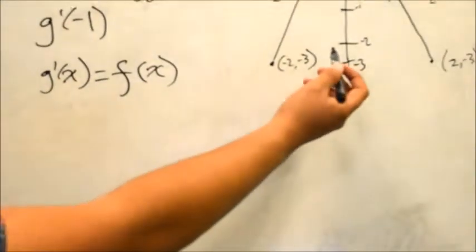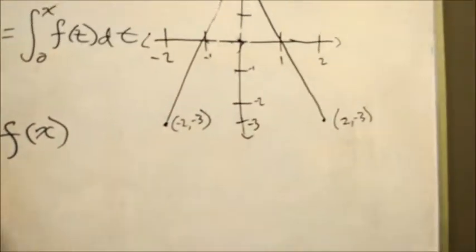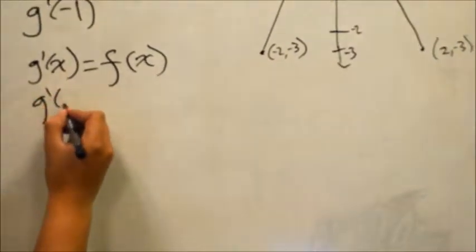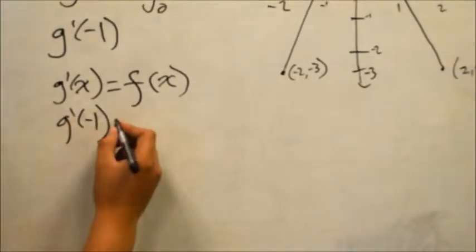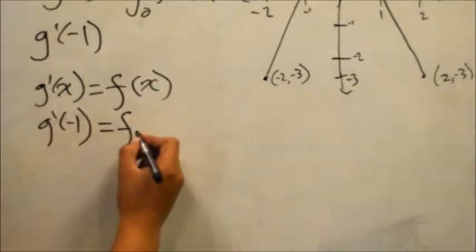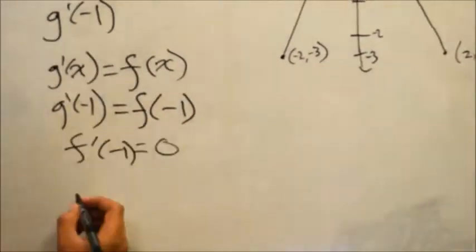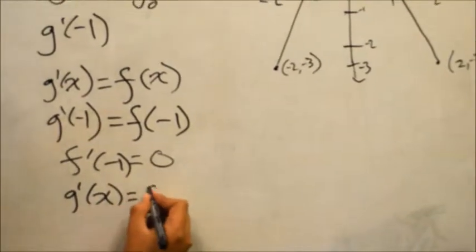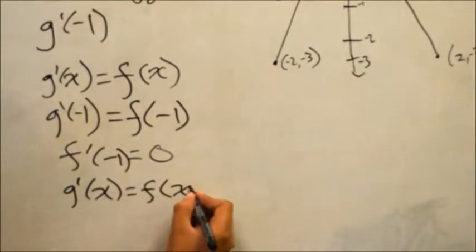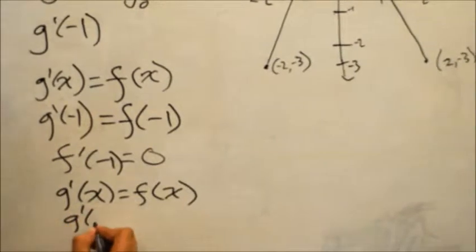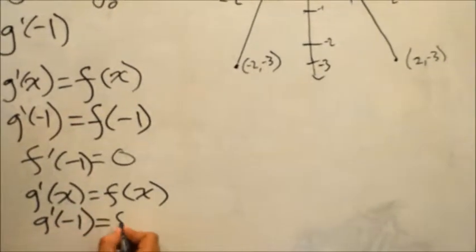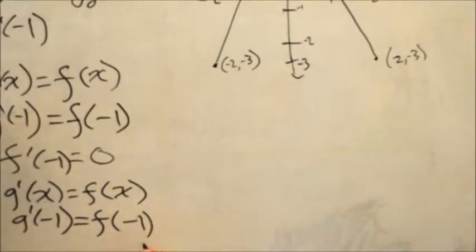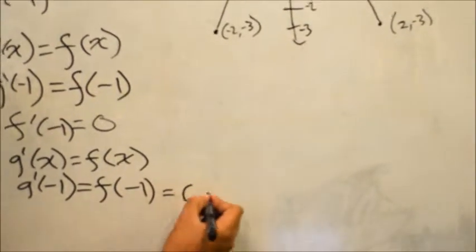And since we are given f of x, for g prime of -1 we simply look for f of -1. So g prime of -1 equals f of -1, which equals 0.